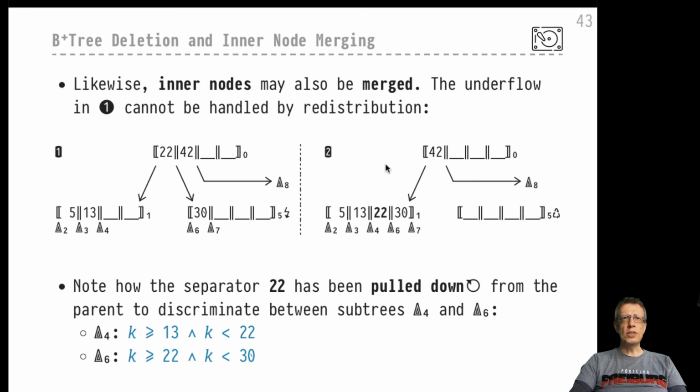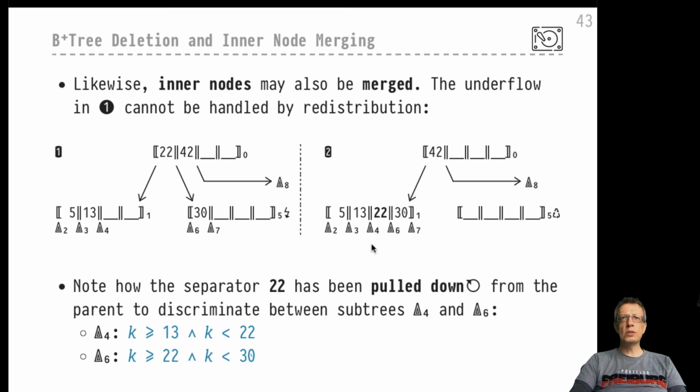So let's see. How about the semantics of the entries in subtree 4? Before all of this manipulation, in subtree 4 we found entries that are less than 22 but larger or equal to 13.